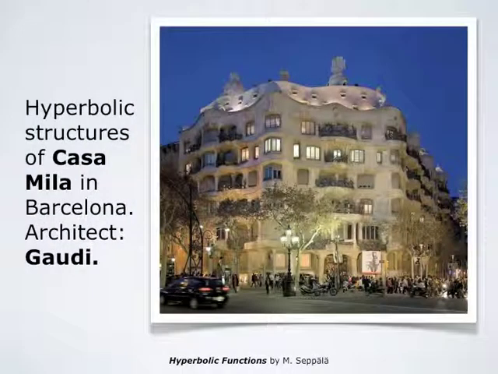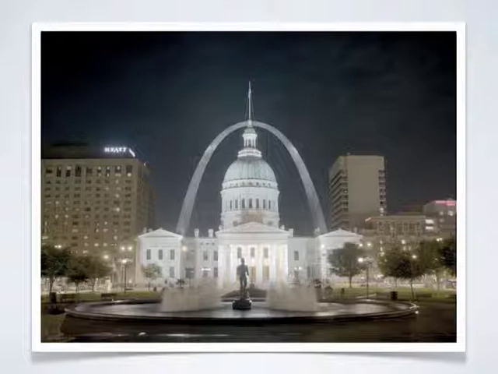In this building, Casa Mila in Barcelona, Gaudí has used graphs of the hyperbolic cosine curve in many places. The building is absolutely magnificent. And here is yet the Gateway Arch of St. Louis, Missouri, architect Eero Saarinen. Inverted catenary curve.